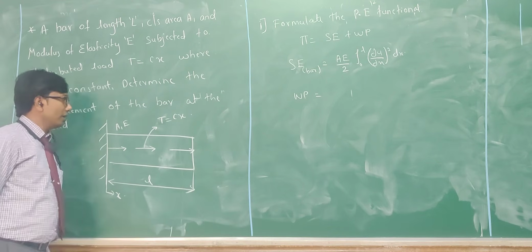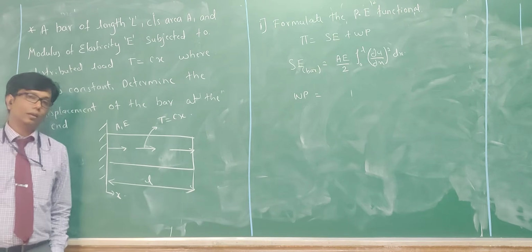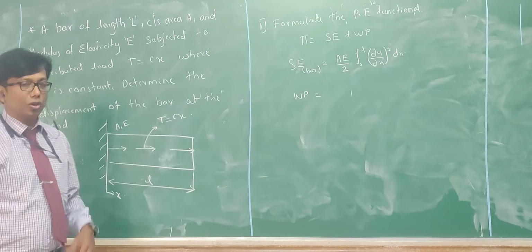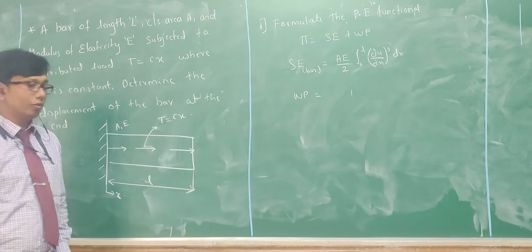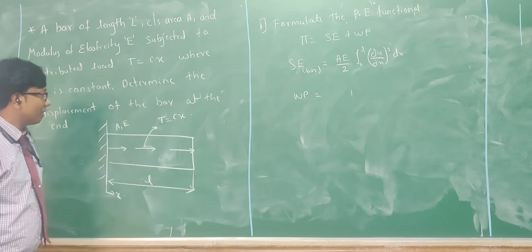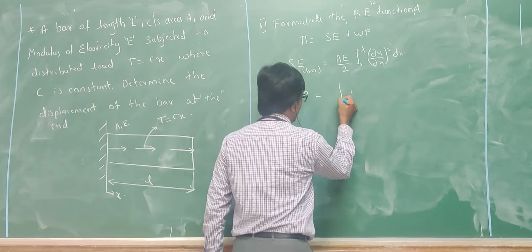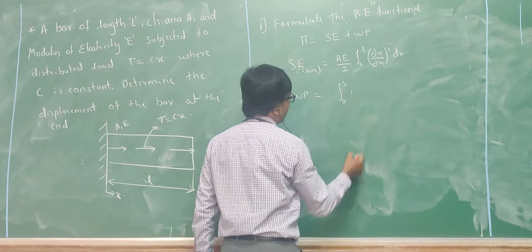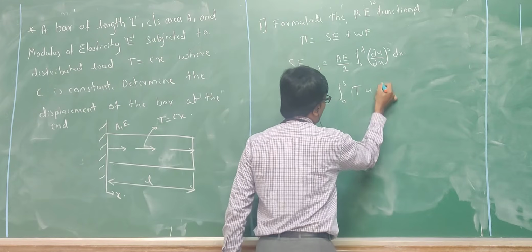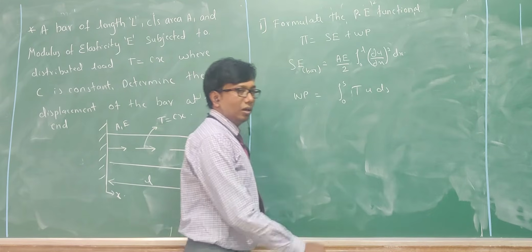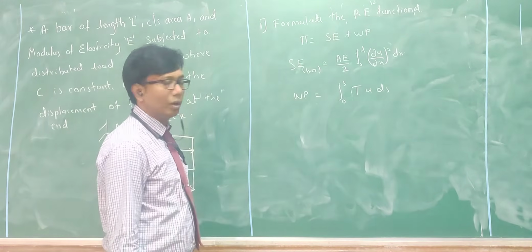We have already seen how to calculate the work potential for a surface load. Whenever a surface load comes, we write integration 0 to S of T into U into ds. This was the way we wrote the work potential.